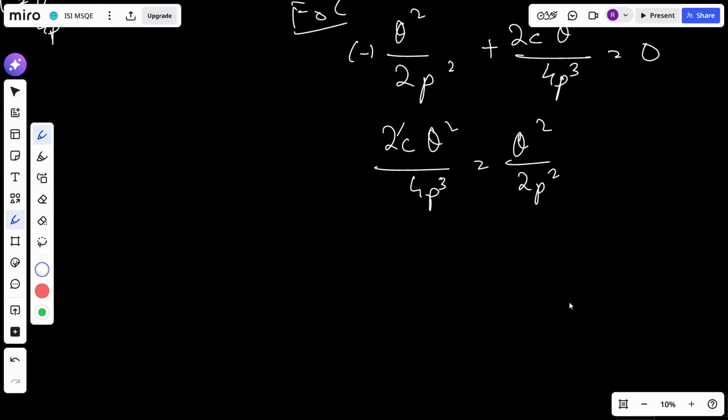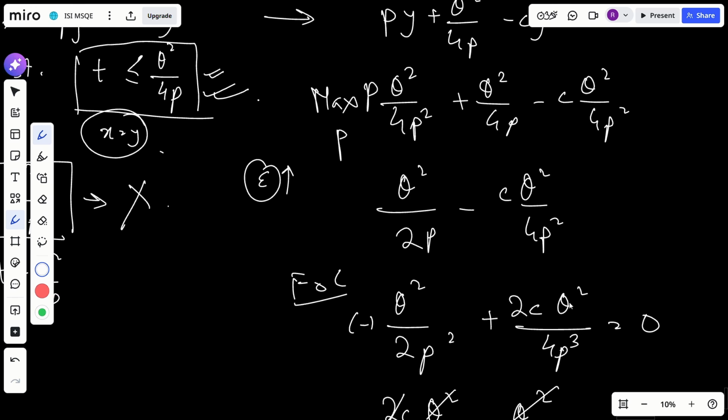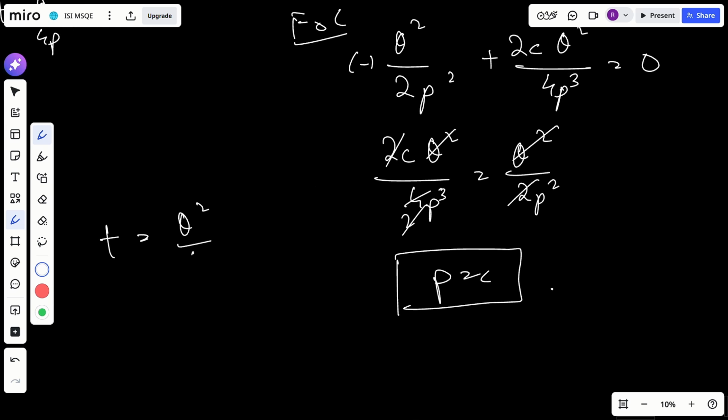From this, the 2 gets cancelled out, theta square gets cancelled out. So from here we are getting p is equal to c, and our t was equal to theta square by 4p. This is our solution.